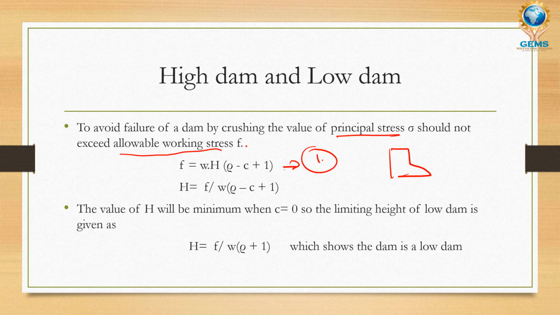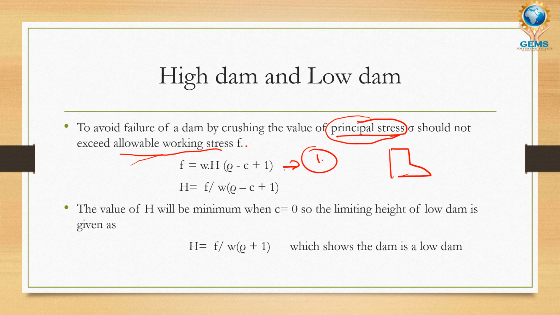This value is due to the excess amount of force above the calculated force you considered during the design of a dam. I'm going to explain it again. The forces you considered for your design give this allowable working stress, and it should not be exceeded by this principal stress.